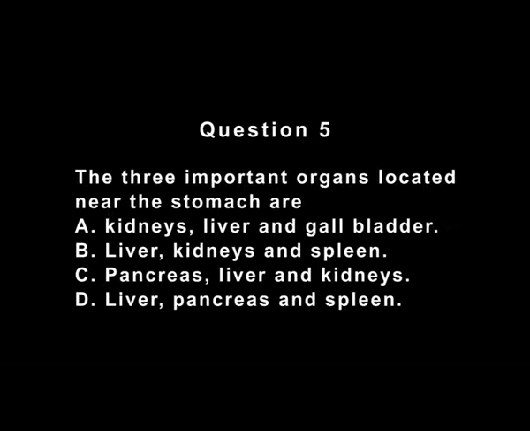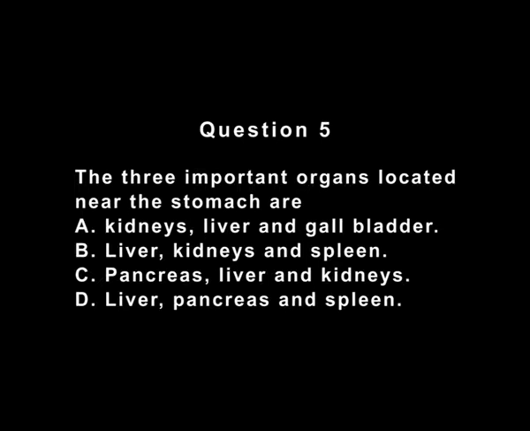We are talking about organs in close association with the stomach. A. Kidney, liver, and gallbladder. B. Liver, kidney, and spleen. C. Pancreas, liver, and kidney. D. Liver, pancreas, and spleen.